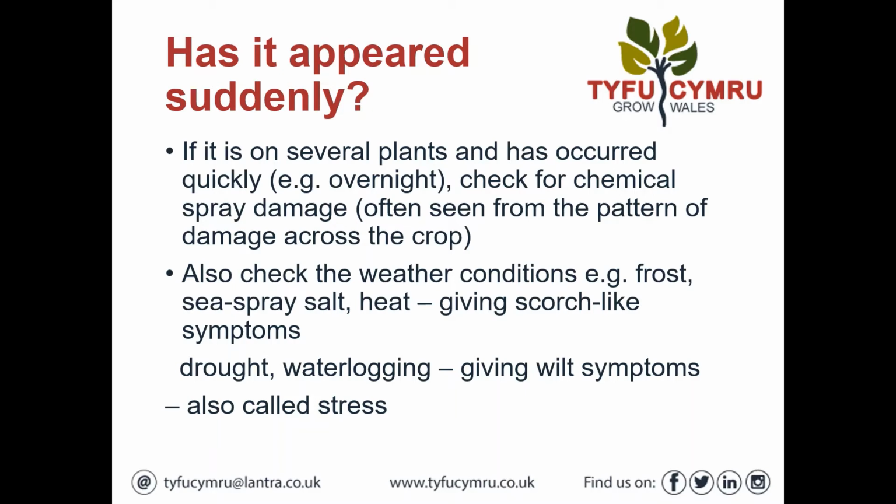For example, you might have frost damage, or damage from salt in sea spray, or it might be heat damage, giving scorch-like symptoms. And wilt symptoms are also caused by drought and conversely waterlogging. These type of symptoms are also called stress in plants.